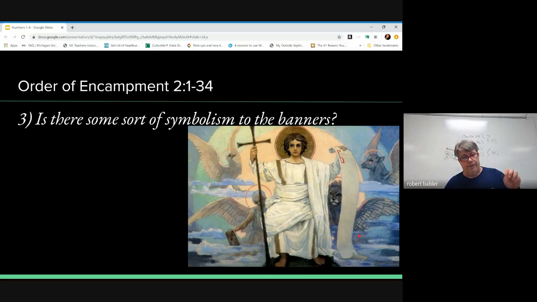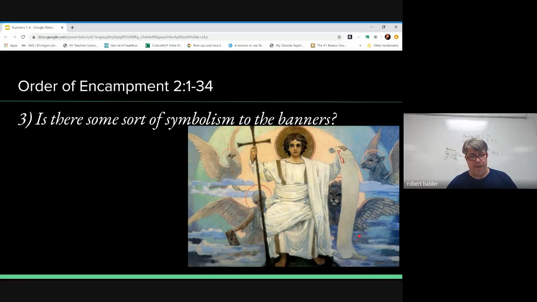Here's the important part. Their faces looked like this. Each of the four had the face of a human being, and on the right side of each had the face of a lion, and on the left, the face of an ox. Each also had the face of an eagle. Such were their faces. And then it goes on a little bit more with some of the description of these entities.